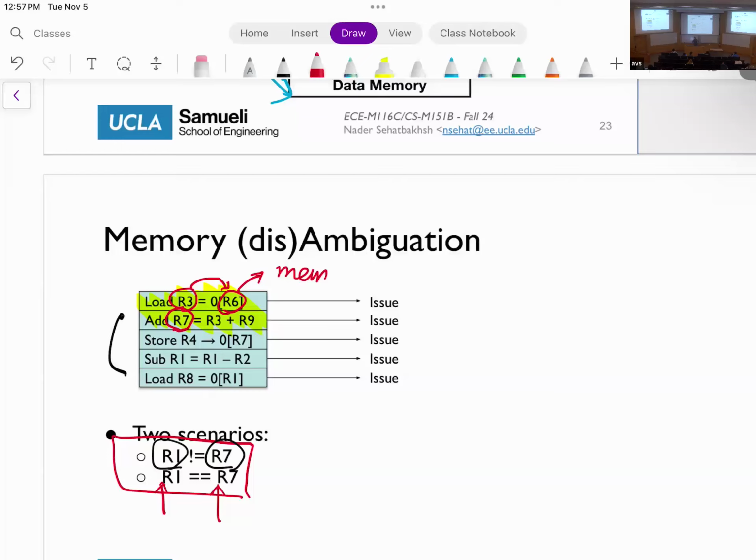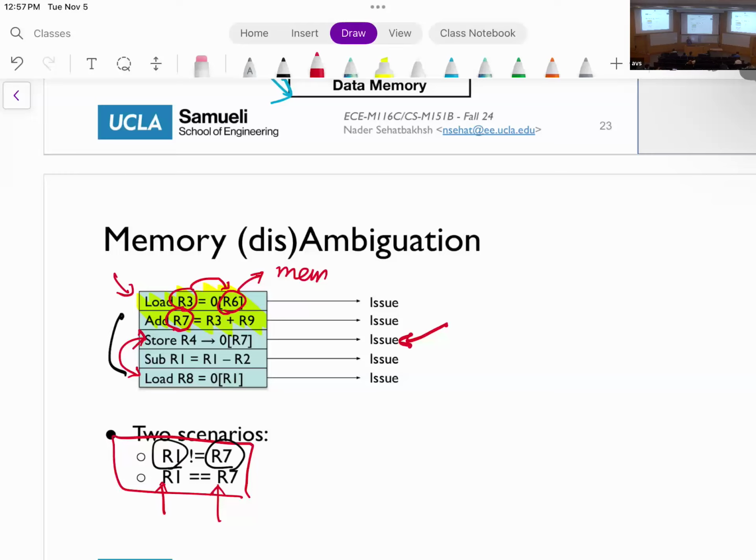In other words, I need this first load word to complete before I make a decision about these two guys, right? Why? Because R7 is dependent on the load that depends on R6, and then R7 and R1 may or may not be dependent on each other, okay? So the first solution for this problem is we're going to stall here because I don't know about R7.